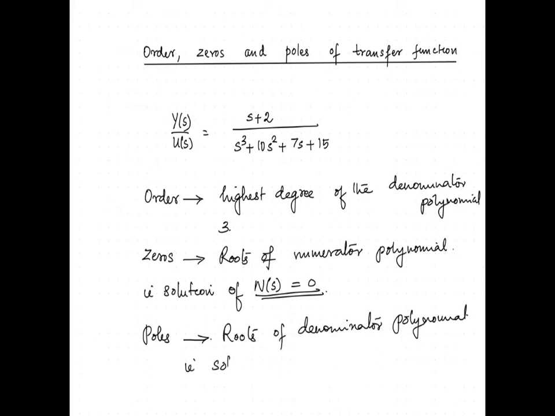That is, the solution of D(s) = 0, where D(s) is the denominator polynomial. Here I can represent N(s) and D(s). In short, zeros make the transfer function 0 and poles make the transfer function infinity.